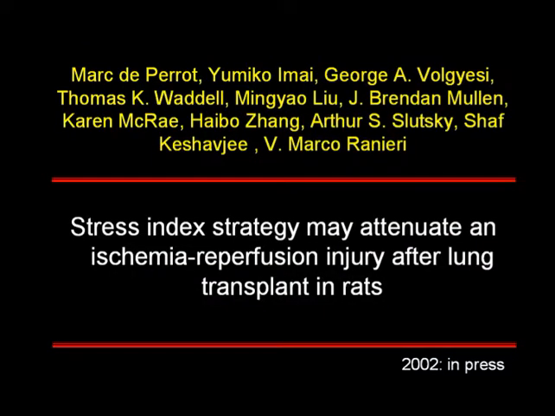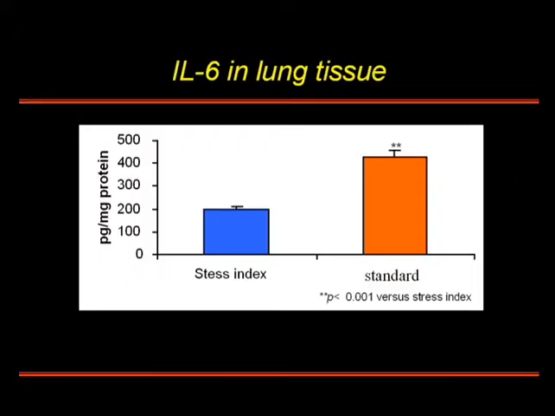We looked at the same strategy from a completely different perspective, and this paper is actually in press in the Journal of Thoracic Surgery. We looked at the different effects of ventilation during lung transplant. In a complex model of rat transplant, we looked at the cytokine concentration in the transplanted lung ventilated with the stress index strategy or with what is called the standard ventilatory strategy for that animal model.